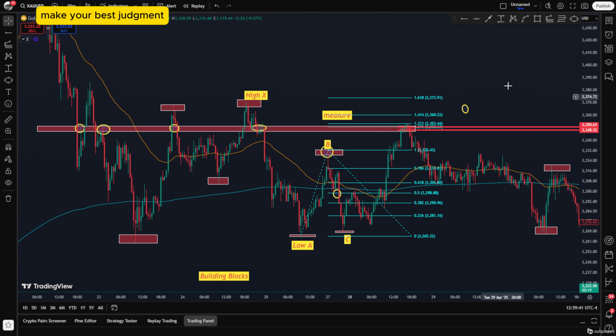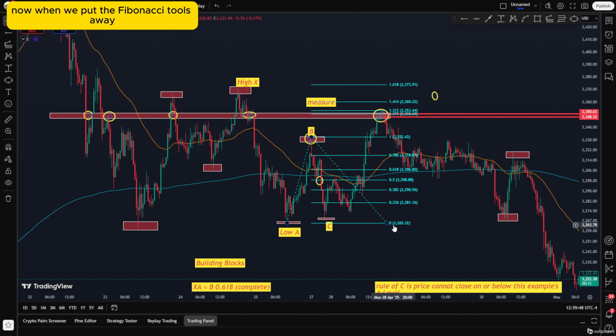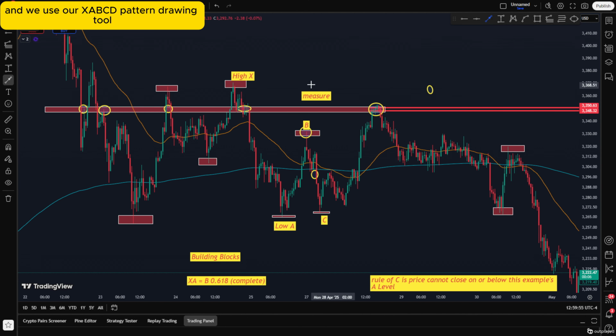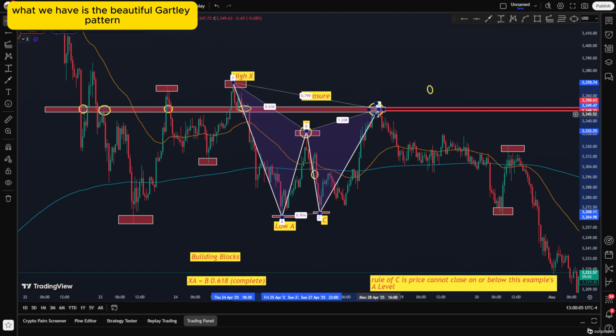Make your best judgment. Now, when we put the Fibonacci tools away and we use our XABCD pattern drawing tool and we connect all of the anchor points that we came up with, what we have is the beautiful Gartley pattern.